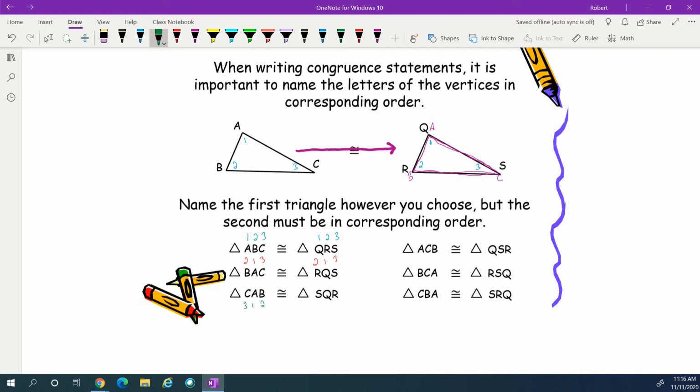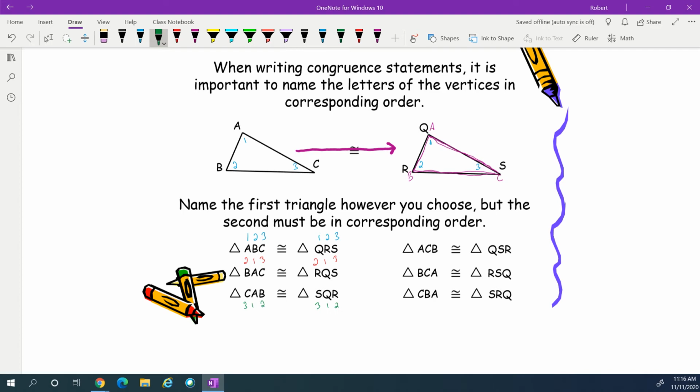I need to match that in the other triangle. Vertex 3 was S. Vertex 1 was at Q, and vertex 2 was at R. So the first triangle, however I want, but the second triangle has to be in corresponding order. And numbering the angles 1, 2, and 3 is a nice, easy way to do it.